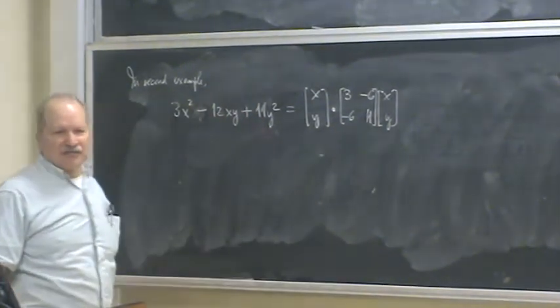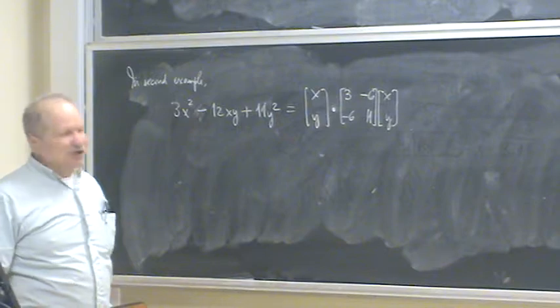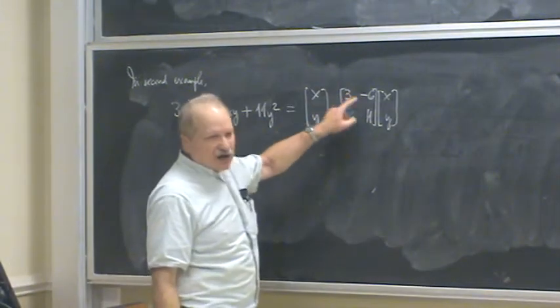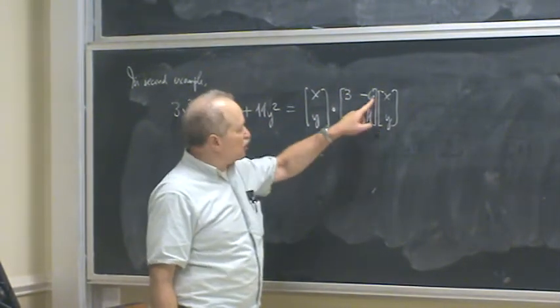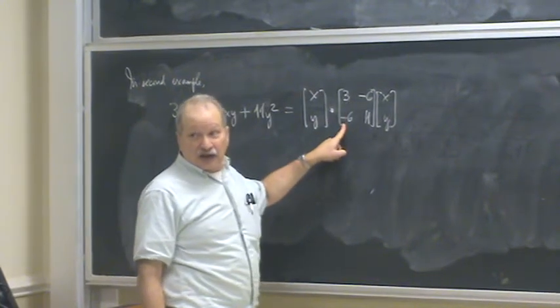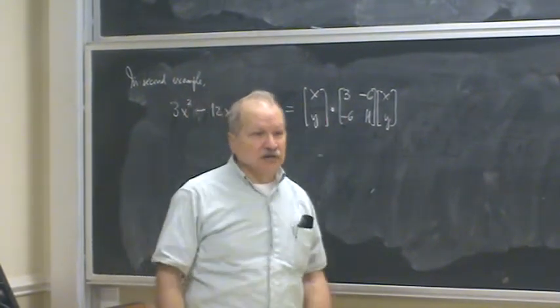Everyone get it? You're putting the coefficients of the squares on the diagonal, and you're splitting the off-diagonal term into two equal pieces.